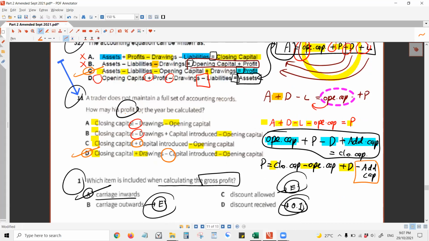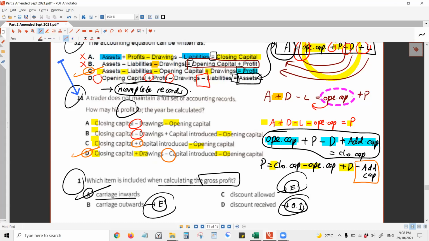Usually, the school teacher would not teach you this lengthy equation when they are teaching you the SOFP, because there's a topic known as incomplete records. There's a chapter known as incomplete records in your school textbook. Incomplete records means they give you a lot of numbers and then there's an unknown to find, for all the questions in this chapter.